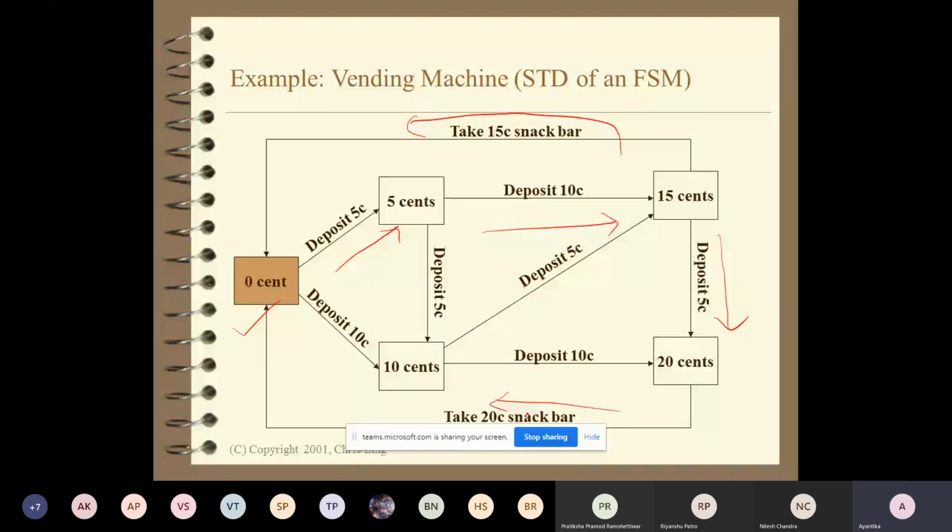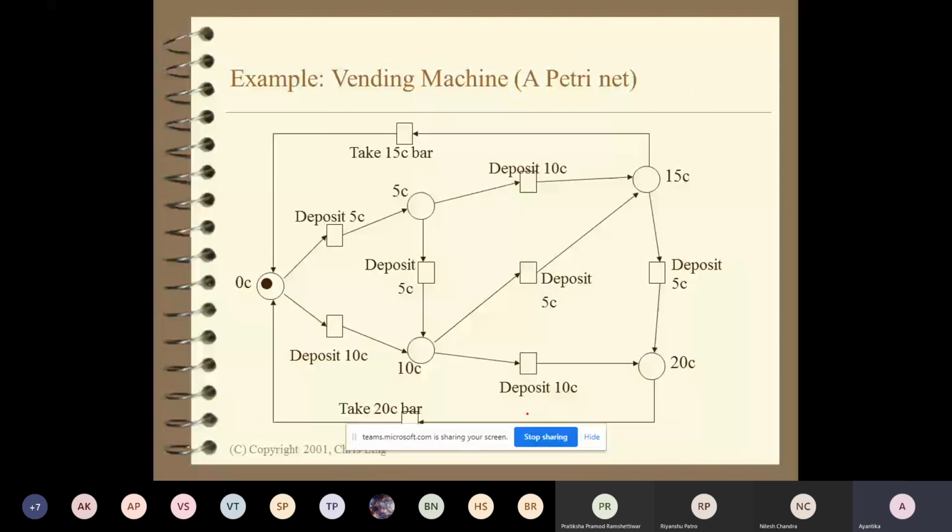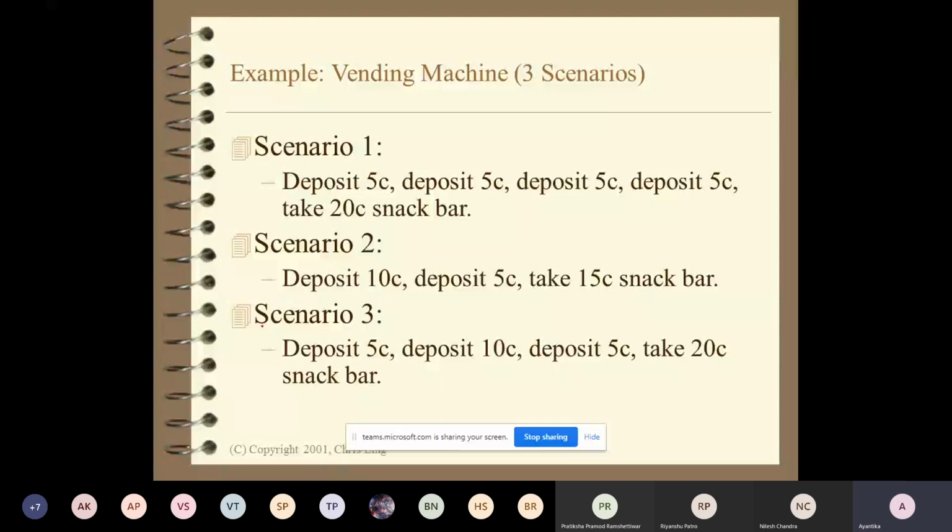When we are considering these types of state transitions, this is the example of how we consider the states, how we consider the events, and how we consider the movement of our tokens. Here also you have to consider all the different scenarios: what coin options you have, what the totals are, what different options you have in the vending machine, and what the maximum or minimum cost of them is.